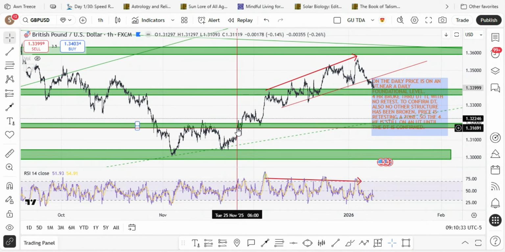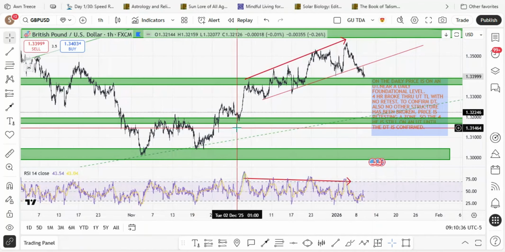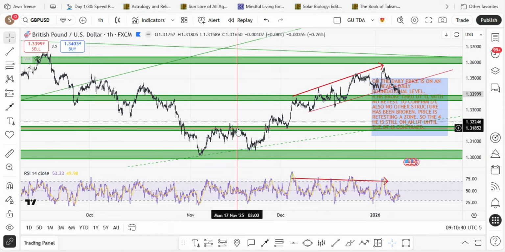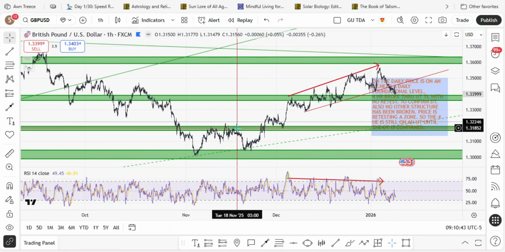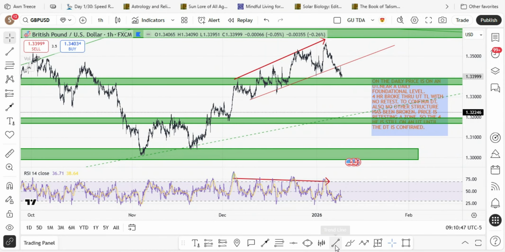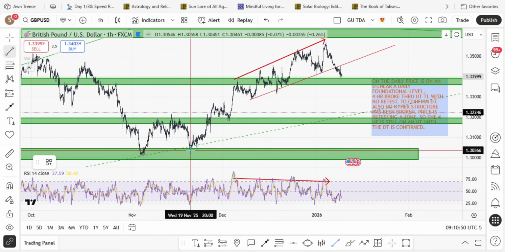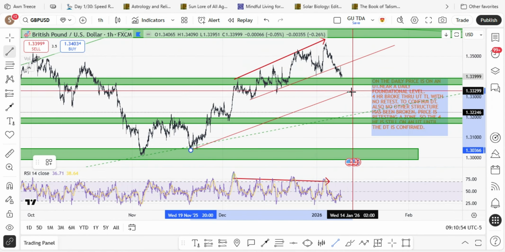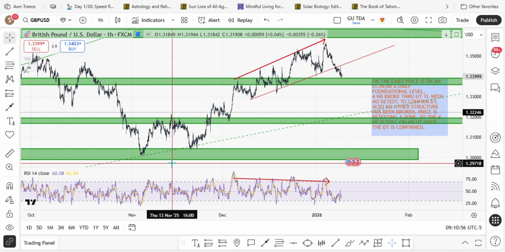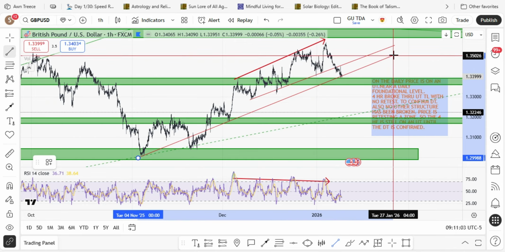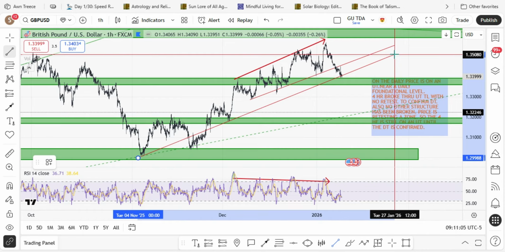Wow. Hmm, what am I looking at? What am I looking at? This price like real stank.